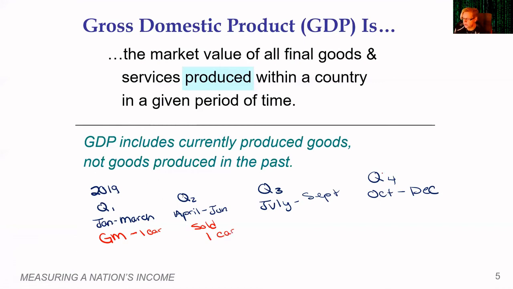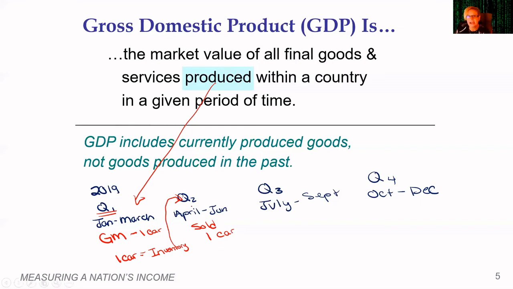Which quarter would we include it in GDP? Because we're saying produced, we're going to include that in the first quarter. It's not sold until the second quarter. So essentially what happens is this one car becomes inventory, and it carries over to the second quarter where it's actually sold.